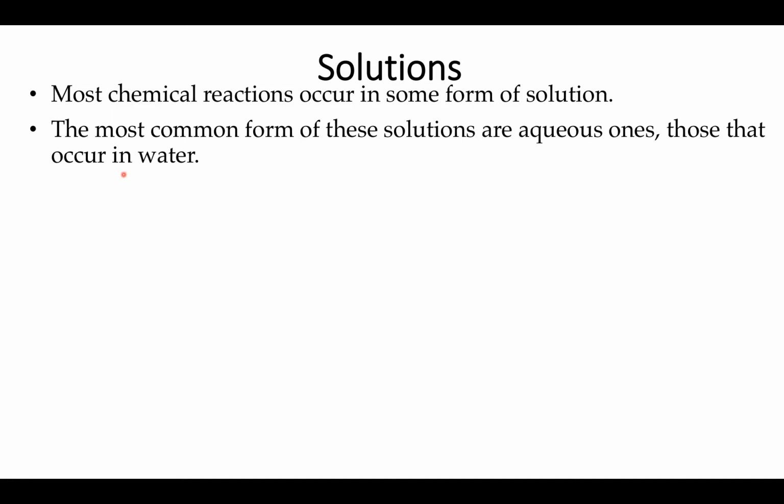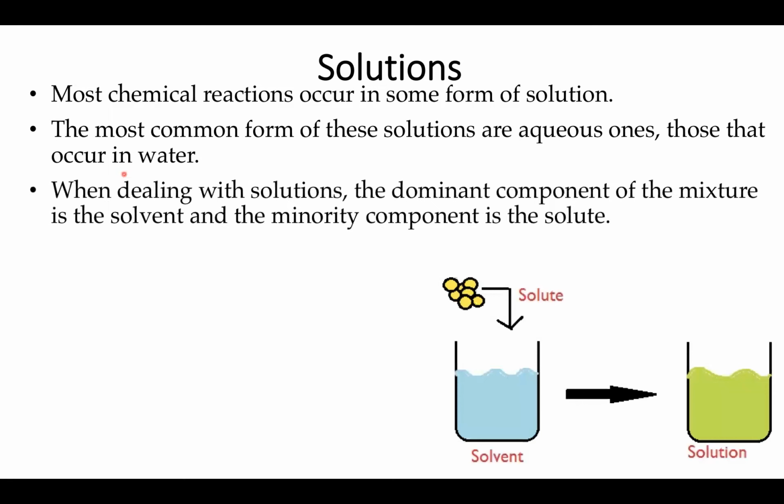Now, in order to talk about solutions, we need to bring up some terminology because a solution involves two parts: the solvent, which is the liquid phase, and it's the dominant component of the solution. So whatever the dominant or most abundant material in the solution is, that's our solvent. Our solute is going to be the minor component.